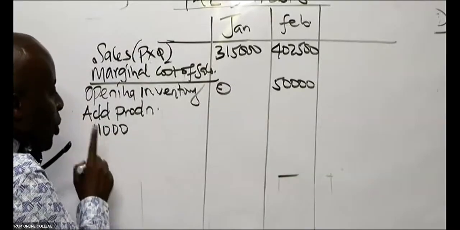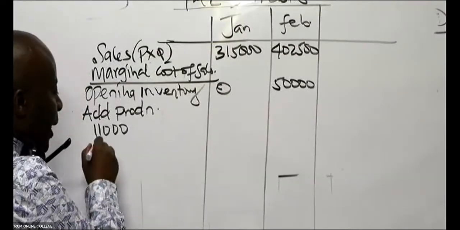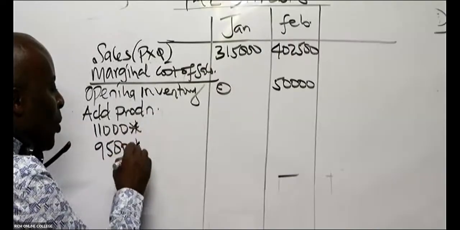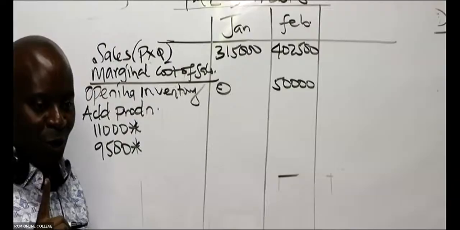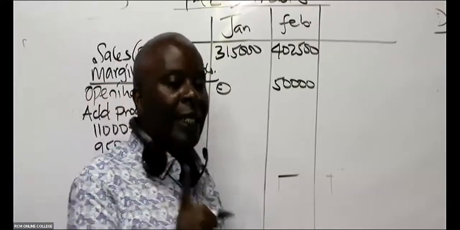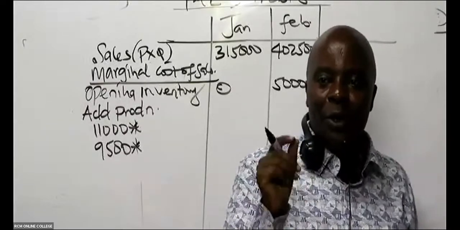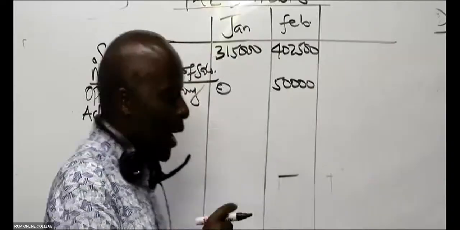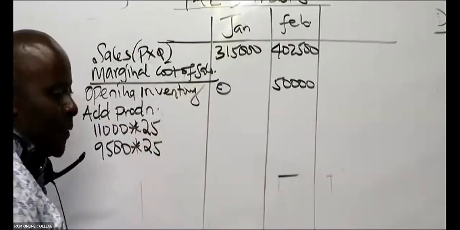How about units produced in February? 9,500. And do we know the valuation of our produced units? Remember, we normally value produced units and inventories in the same way. And if it's marginal costing, then the unit you produced were what? 25. 25. So in this case here, we have 25 there. We have 25 like that.